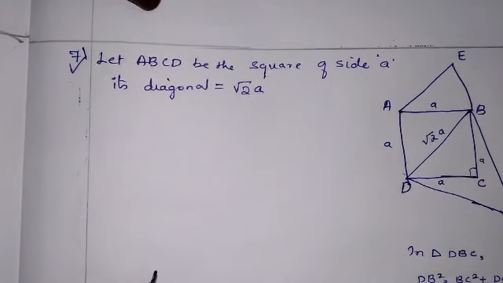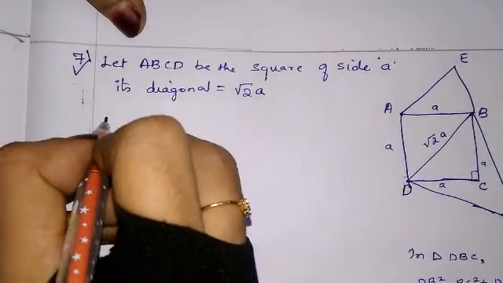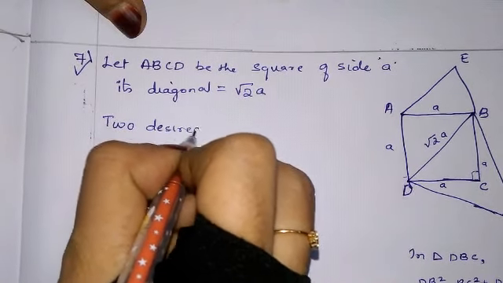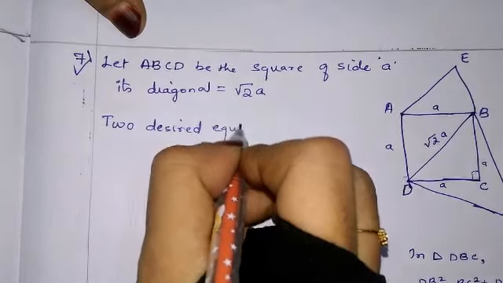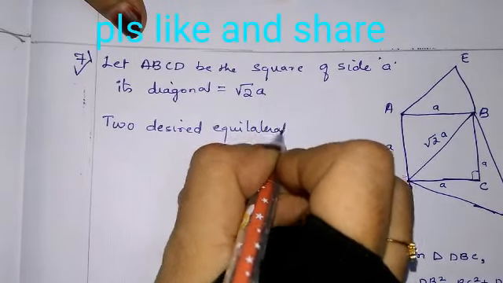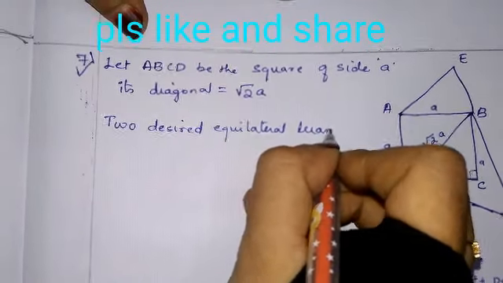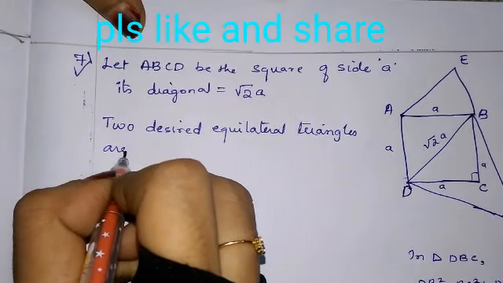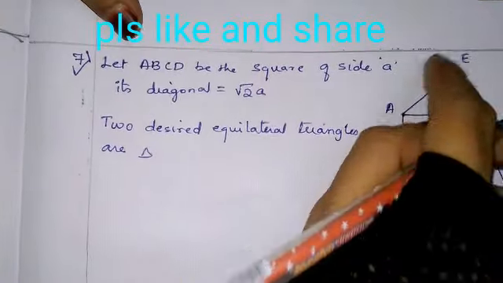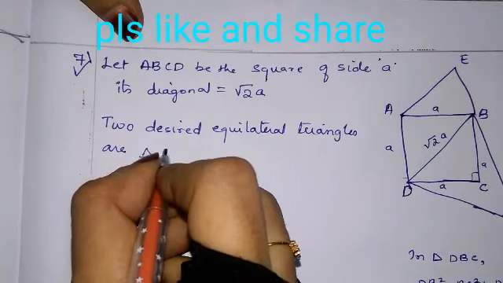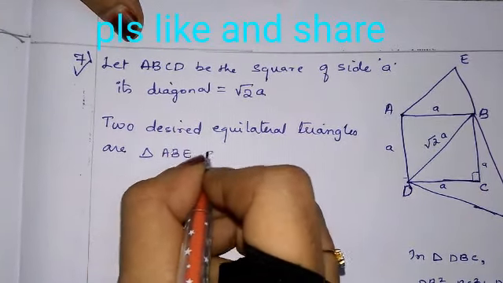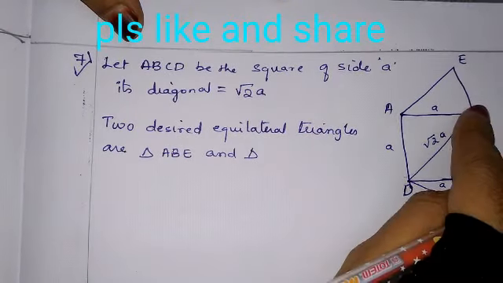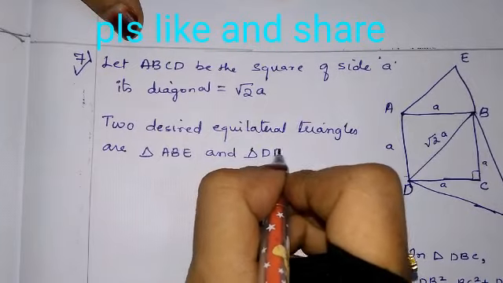Now the two desired equilateral triangles are triangle ABE, equilateral triangle 1 ABE, and triangle DFB or DBF.